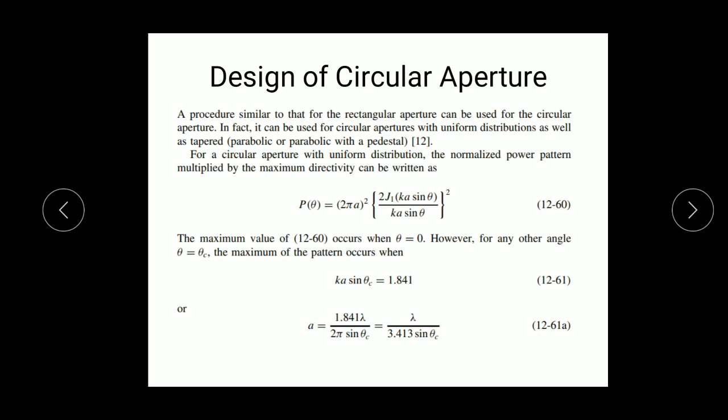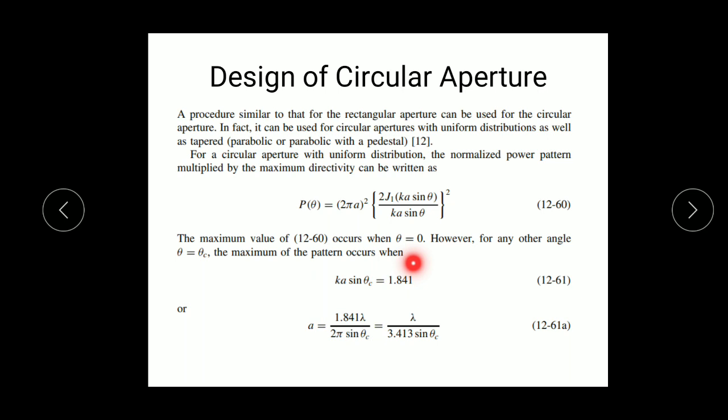For a circular aperture with uniform distribution, the normalized power pattern multiplied by the maximum directivity can be written as this. Basically, this is the normalized power pattern in terms of the radius of the aperture and theta. The maximum value occurs when theta equal to 0.